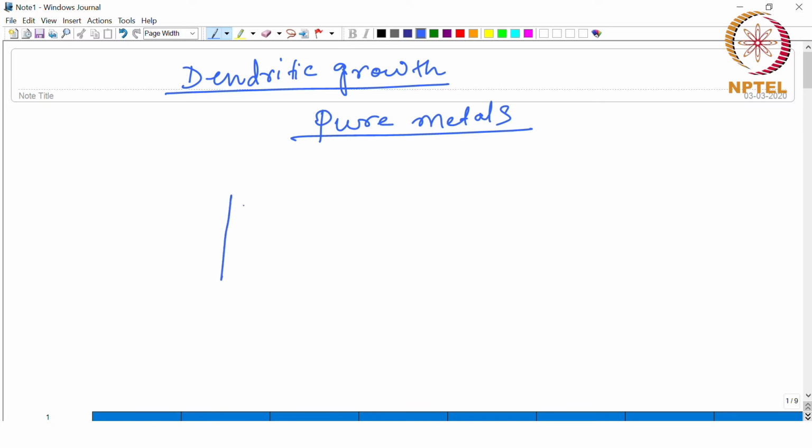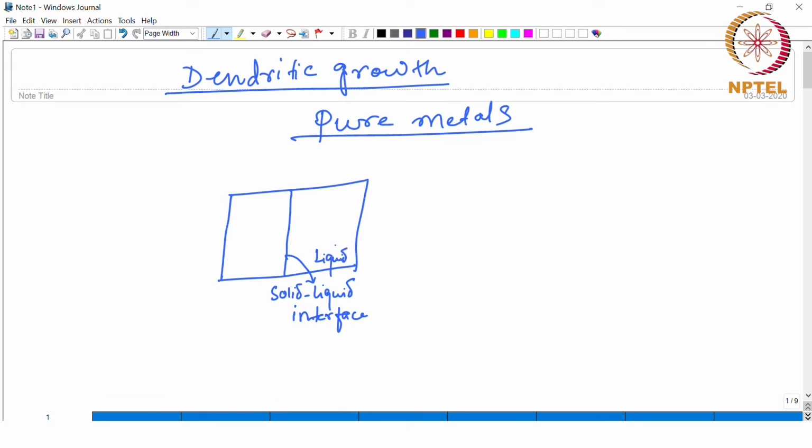Let us say the solid has formed from the liquid phase, and therefore, you have this solid liquid interface. And let us say right side of this interface is liquid and solid is growing on the left.